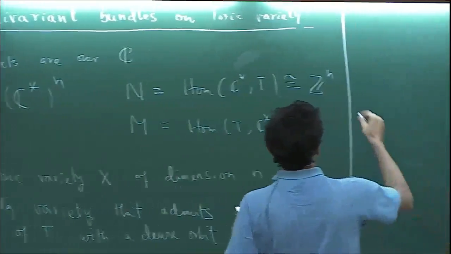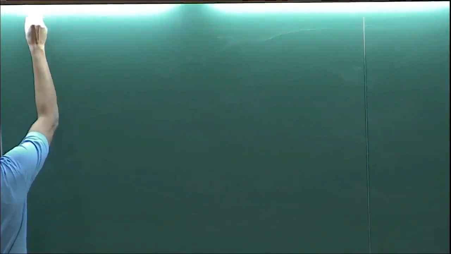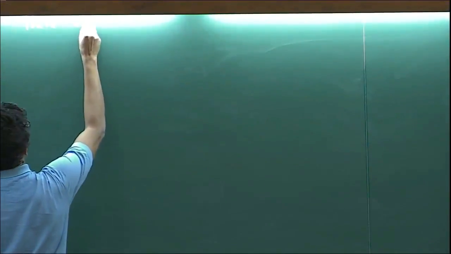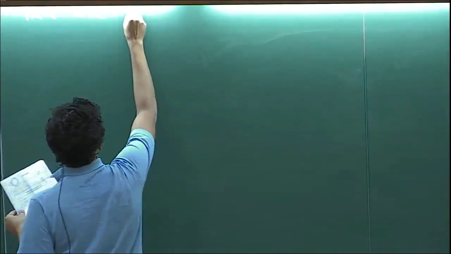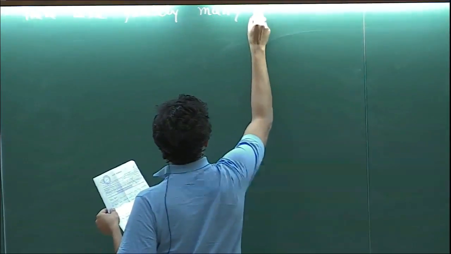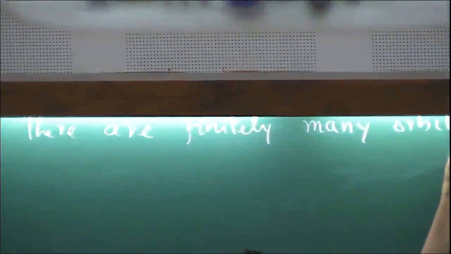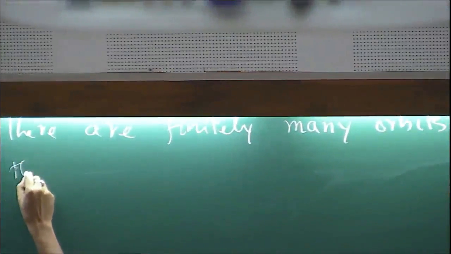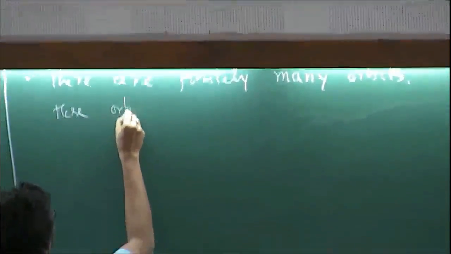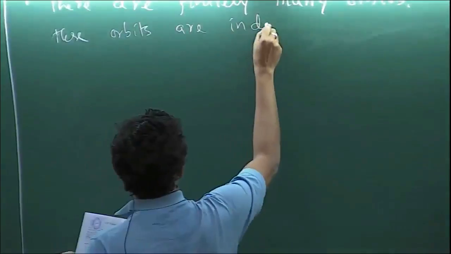So some facts: there are finitely many orbits. These orbits are indexed by cones.